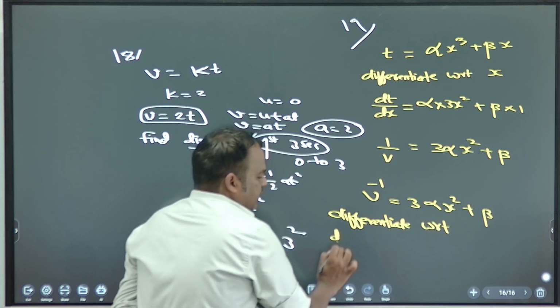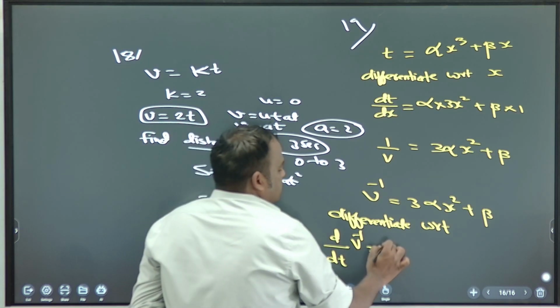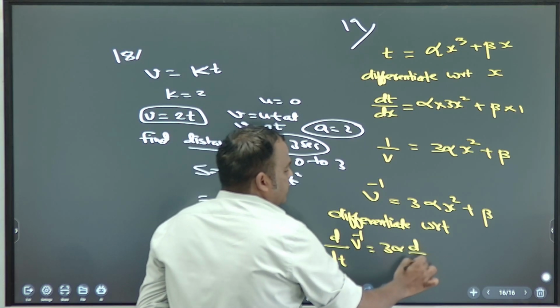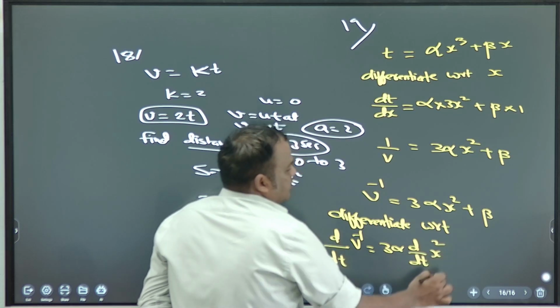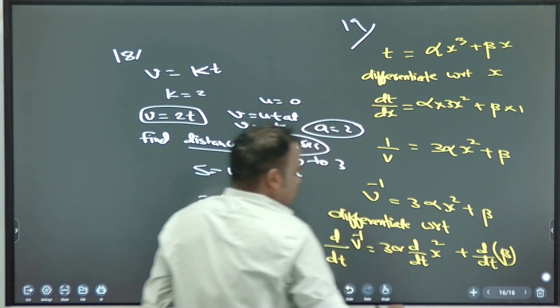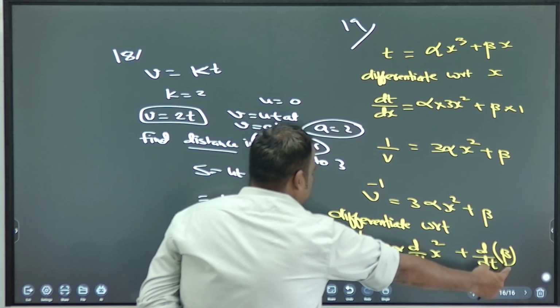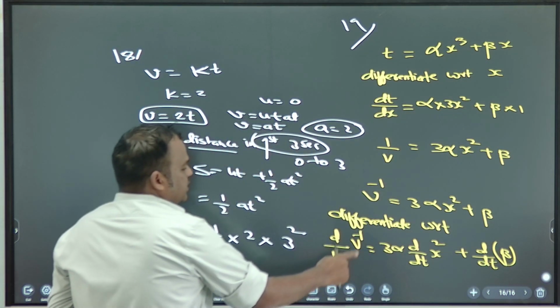So write like this, d by dt of v raised to minus 1, then 3 alpha d by dt of x square plus d by dt of beta. Now beta is constant, so this will be 0. Differentiation of constant is 0.